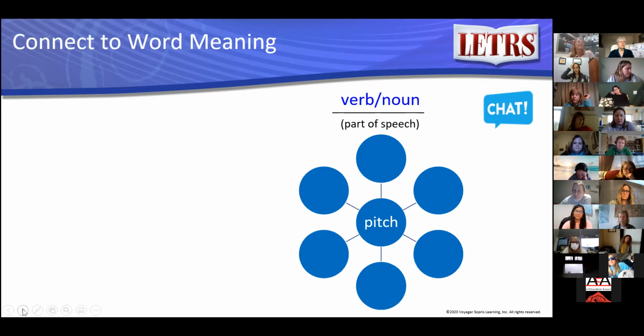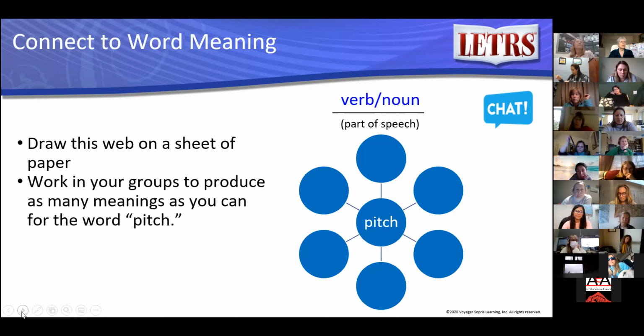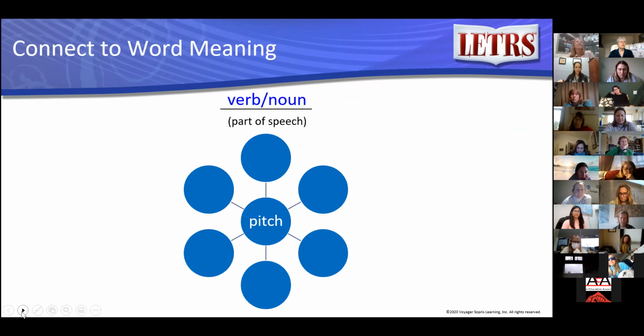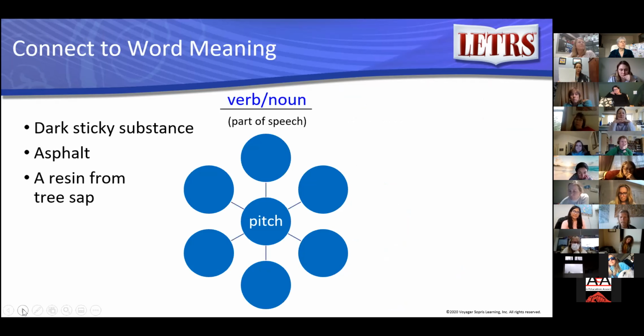Here is all of the variations. Dark sticky substance, is that what you were referring to, Brad, maybe? Asphalt. A resin from a tree sap, that was Brad's.